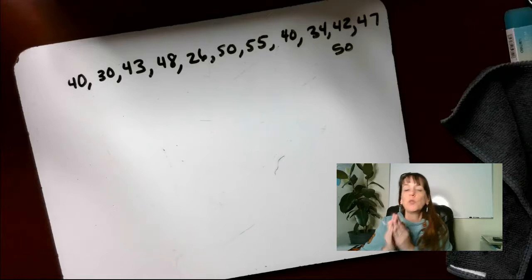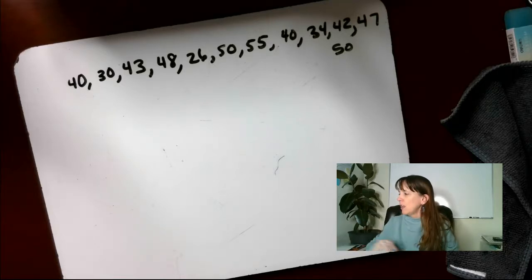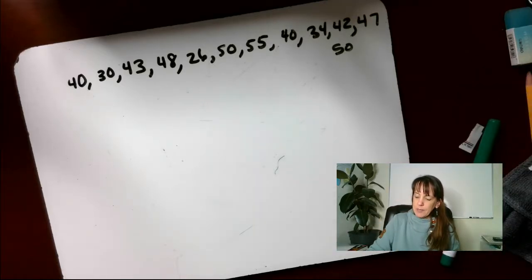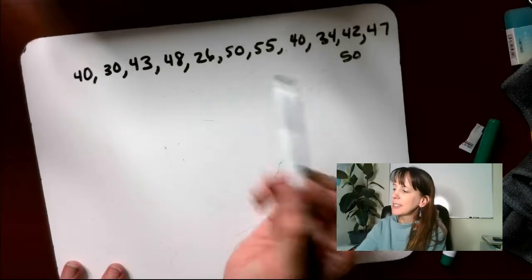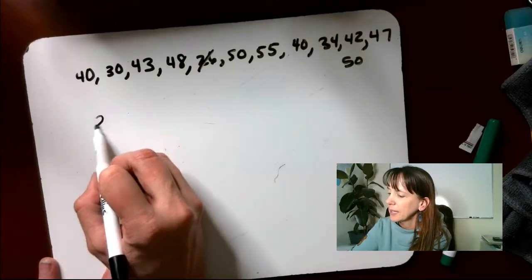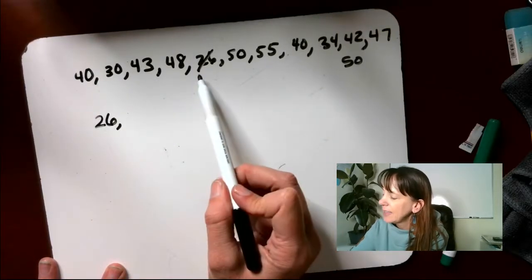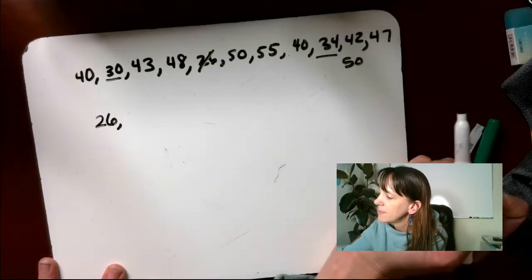First things first, you always have to put them into numerical order, okay? Personally, I like to put them long ways because we're gonna be finding the median eventually. So let's go through this and say, okay, 26 is the smallest one, I think, right? 26, and then let's see, I'm gonna underline all my 30s. I think that's a better way of doing that.